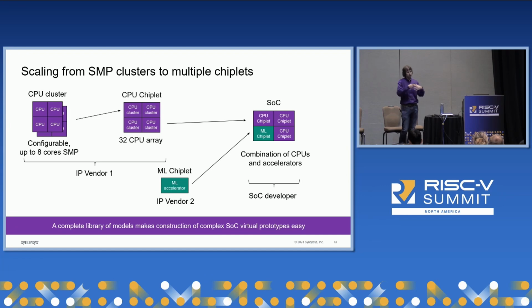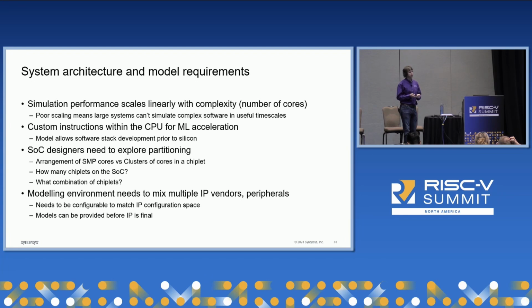And that comes back to having that library of components and composability and ease of integrating components from different sources, to allow you to build an efficient and high-performance simulation environment. And again, there are still probably going to be hundreds of CPUs in that final SoC, but having that library of models makes construction of a complex SoC model straightforward.